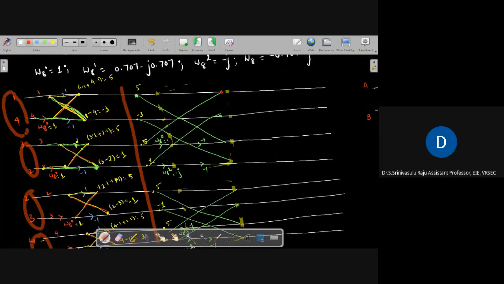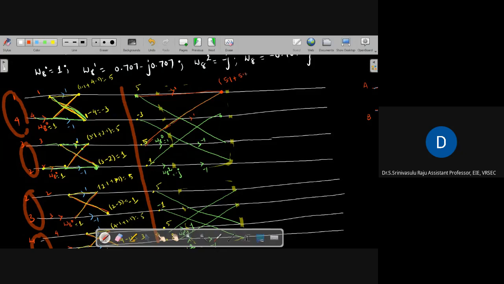Now you see, we want to obtain the output of this point. So how are we going to proceed? The signals multiply with 1. So the first point is 5 multiplied with 1. So 5 into 1 plus, and again 5. You see, 5 is multiplying with the corresponding weighting factor, 5 into W8 of 0.